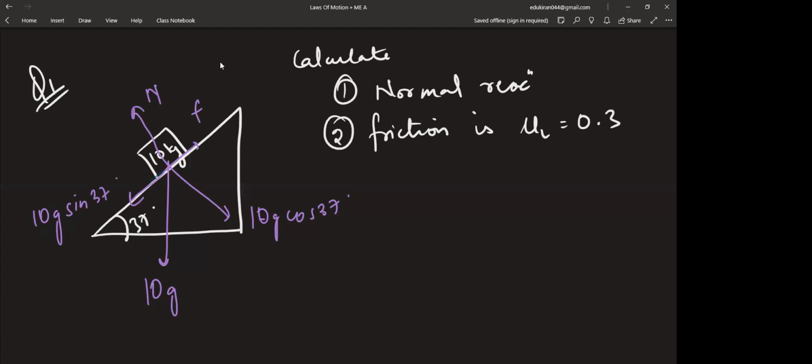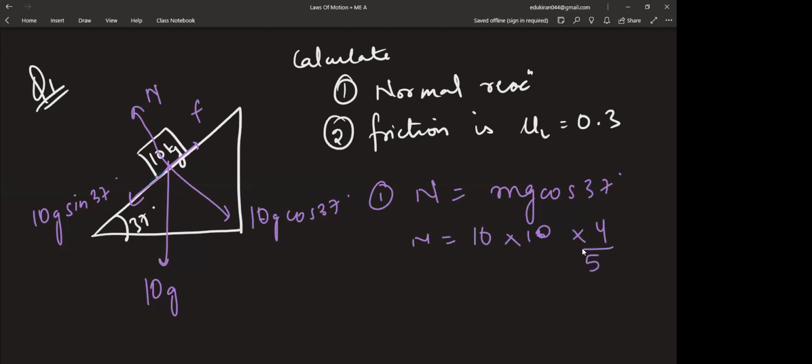We have drawn the free body diagram with all the forces which are acting. Now, in the first part, the normal reaction is equal to mg cos 37 degrees, right? Mass is 10, g is 10, this is 4 by 5, so this is equal to 80 Newton.